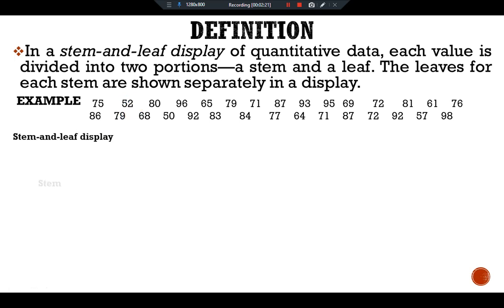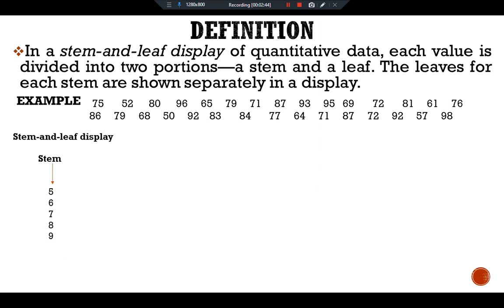Like that, in our data set, we observe that the data range starts from 50 to 98. So our stems are 5, 6, 7, 8 and 9.